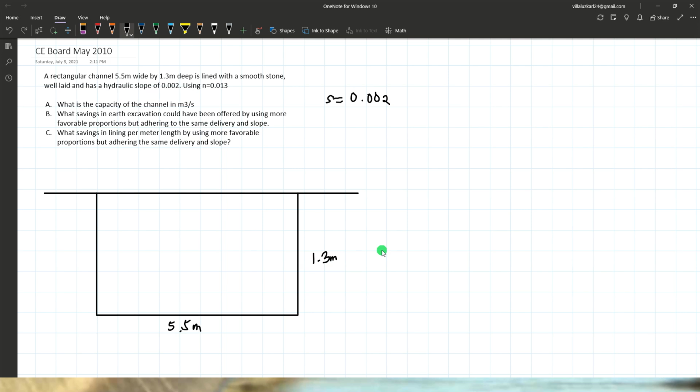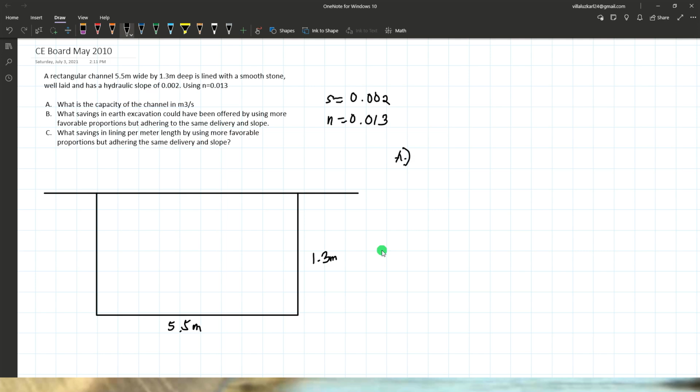N is the roughness coefficient, that's 0.013. Question in letter A: what is the capacity of the channel in cubic meters per second?